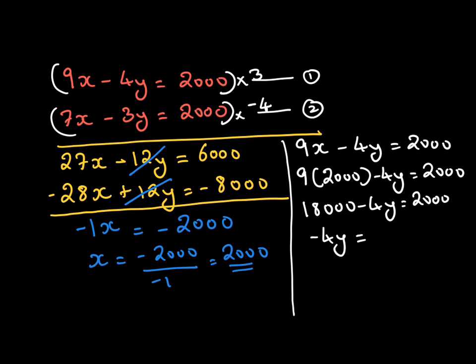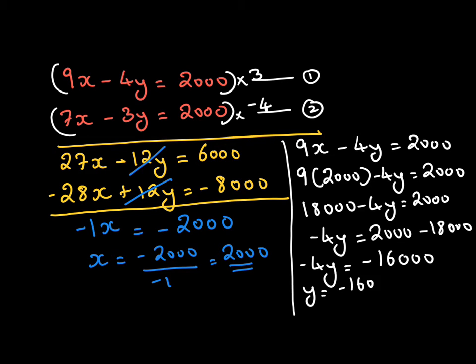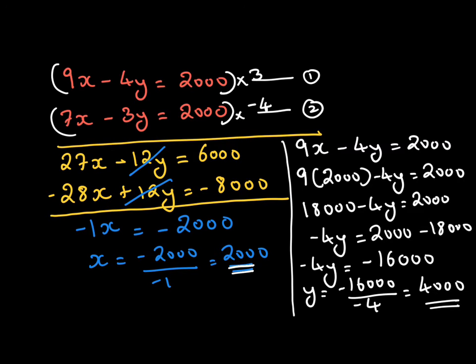Minus 4y is going to be equal to 2000 minus 18,000, which is minus 16,000. So y will be equal to minus 16,000 divided by -4, which is going to be 4,000. So we now know the value of y, which is 4,000, and the value of x, which is 2,000.